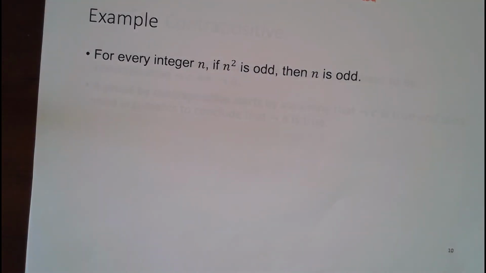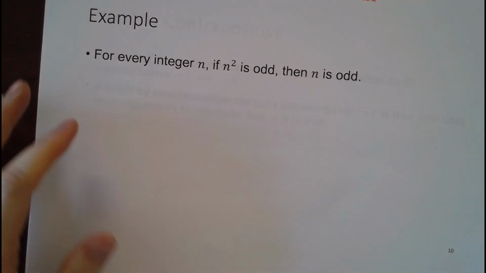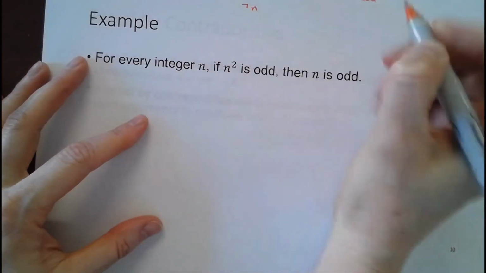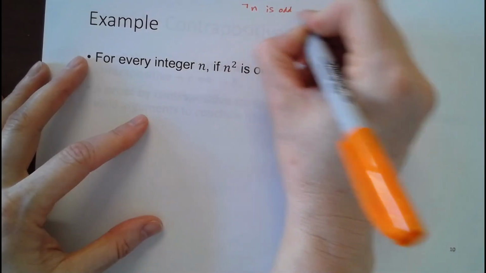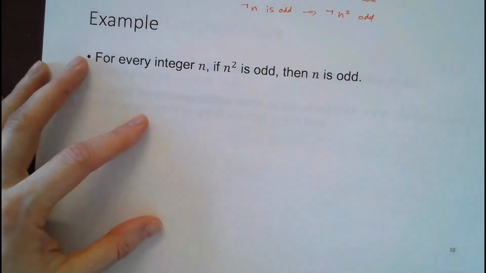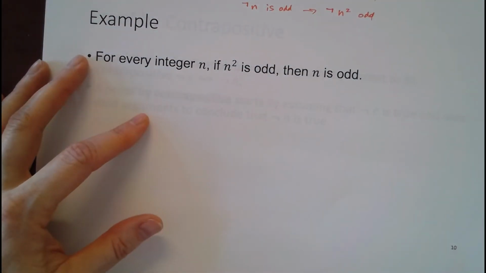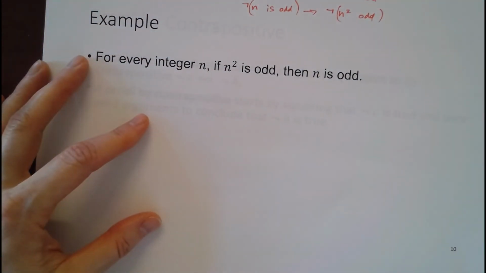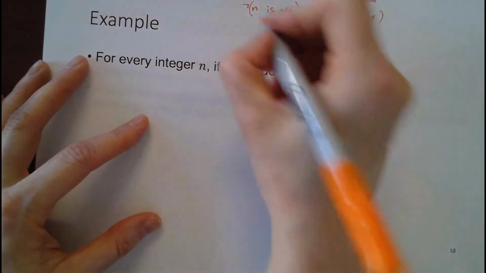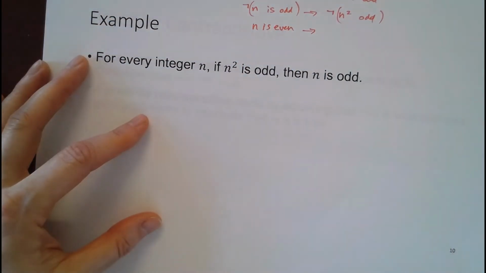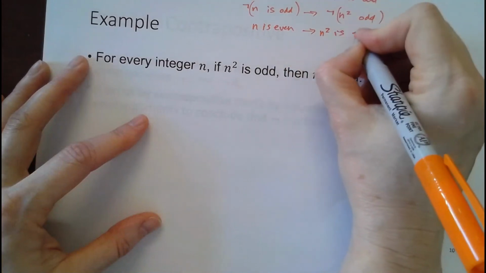Okay, so let's think about what the contrapositive of this is. It would be: not n is odd implies not n squared is odd. And what's another way of saying not n is odd? n is even. It's just easier to think about that way. And then not n squared is odd is the same thing as n squared is even.